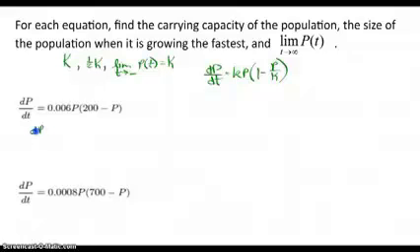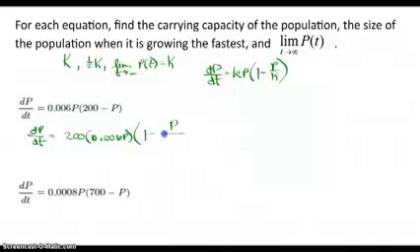So dP/dt equals, and I'm going to factor a 200 out front, 0.006P, and that's going to leave me 1 minus P over what? And we saw in that last example that that's going to be over 200. And we can check that. If we distributed that 200 back through here, we would have 200 minus P. So our carrying capacity is 200.